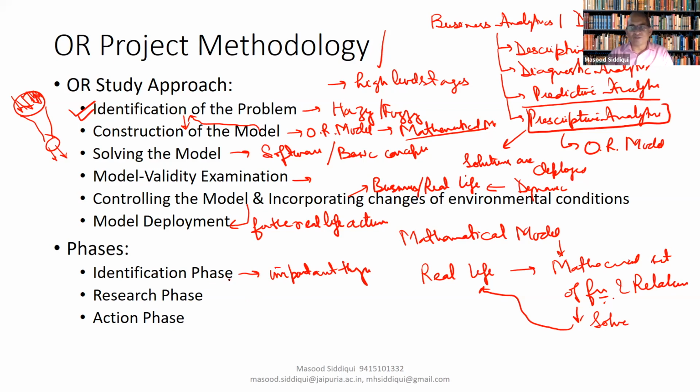Then we go to the research phase. The research phase consists of all these stages where we construct the model, then solve the model, then check the validity, and control the model with respect to the changes that are inherent in the problem situation. And finally, the action phase, which means we employ or deploy the model.